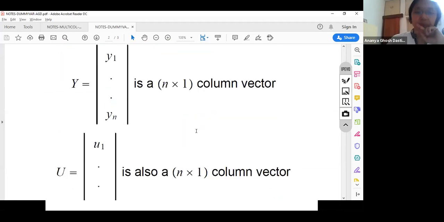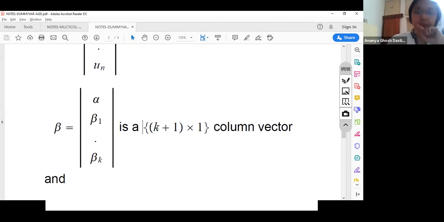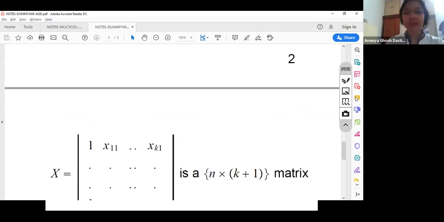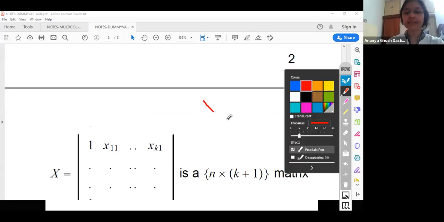So the dimension of beta is k plus 1 by 1. I'm multiplying x by beta. So x is the matrix and beta is the vector, and they are amenable to matrix multiplication.